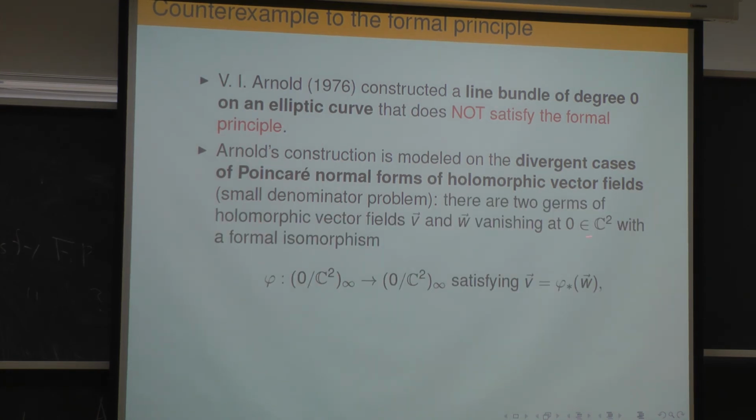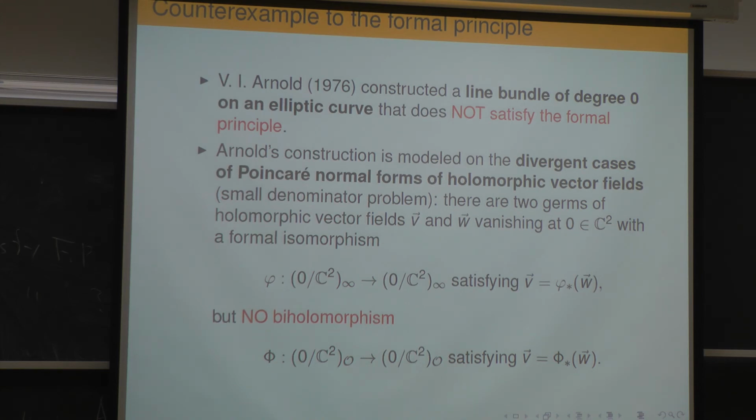In particular, there are two germs of holomorphic vector fields in C2 in a neighborhood of 0, such that you have a formal isomorphism sending one vector field to the other, but there's no biholomorphic isomorphism sending one vector field to the other. This is because the denominator becomes too big, so the formal solution doesn't converge.